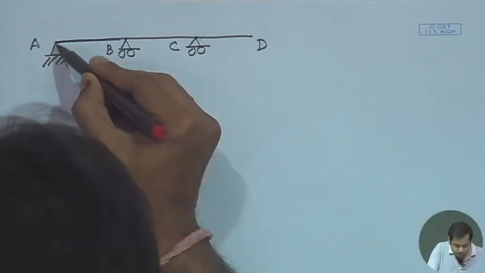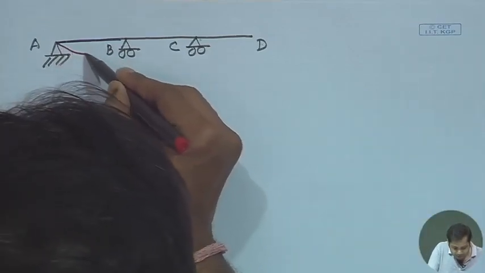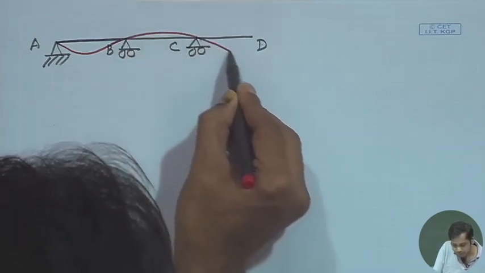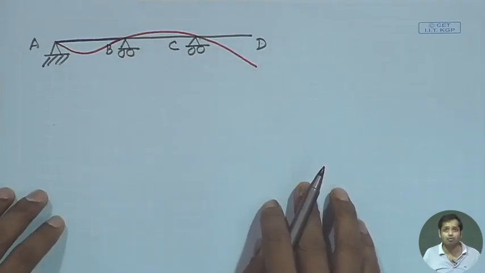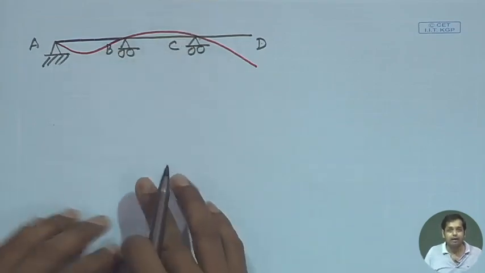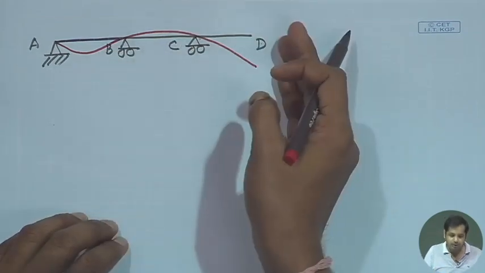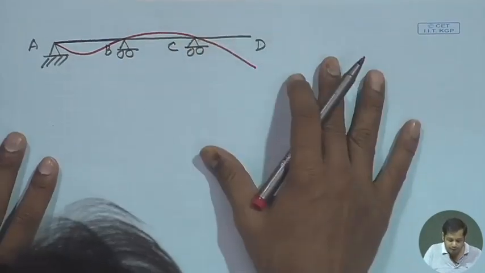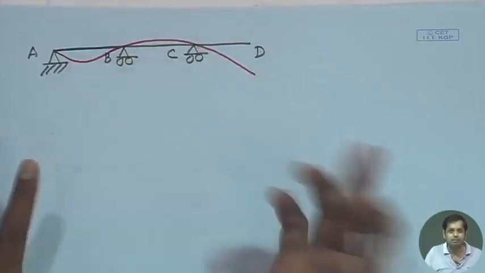Under action of some load, the deflected shape may be like this. It depends on what kind of load you have and what is the value of the load. I am just drawing for some arbitrary loading case, suppose this is the deflected shape.